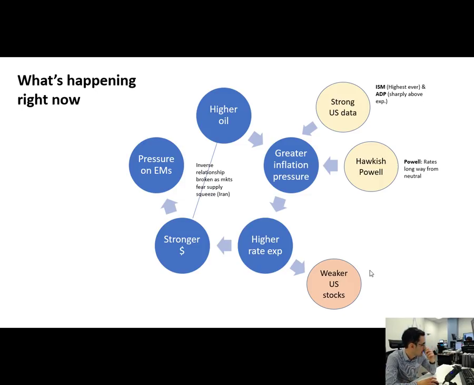Interesting thing here is that the classic kind of inverse relationship is that if there's a stronger dollar, oil should be down, right? They should be inverse. But that relationship is broke right now. And it's broke because of the dollar strengthening on the reasons we've just discussed, and also the fundamentals, the supply situation is so strong at the moment.